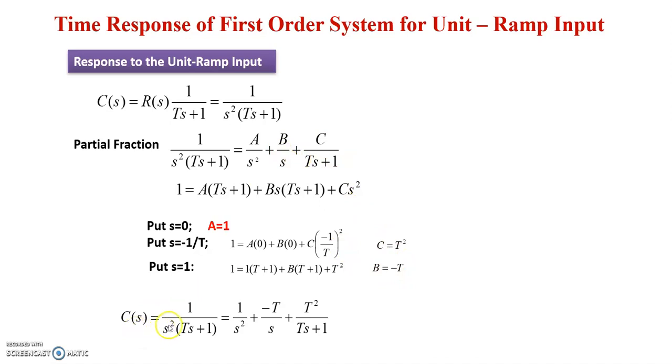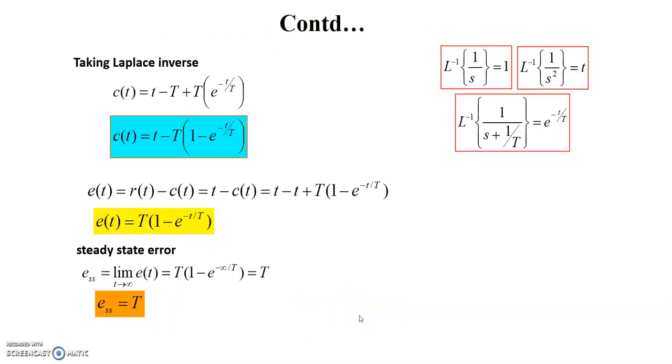So C of s is equal to 1 by s square into tau s plus 1, which is equal to 1 by s square minus tau by s plus tau square by tau s plus 1. Take the inverse Laplace for this equation and you can obtain C of t.